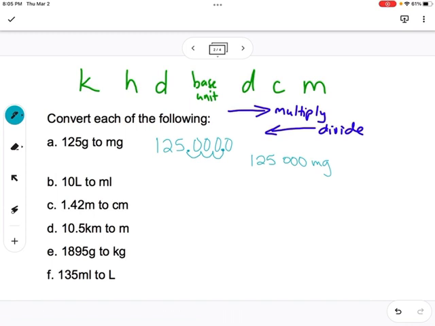Okay, the next one, 10 liters to milliliters. Liters is a base unit, again going to milli, so that's going over 1, 2, 3. Starting with 10, and moving the decimal over, 1, 2, 3. That brings us to 10,000 milliliters.